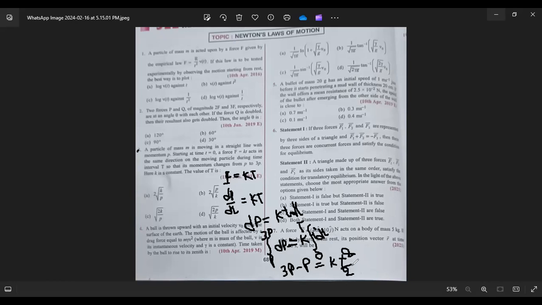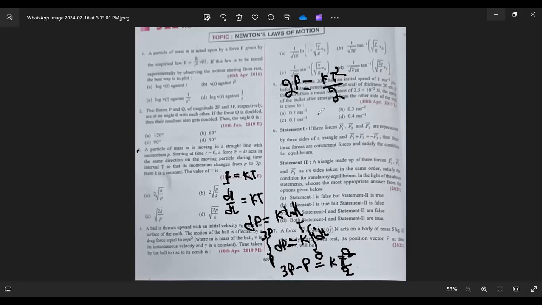This is your right side, and T square minus 0 means capital T square upon 2. So 3p minus p is equal to 2p, and the right side is k capital T square divided by 2.